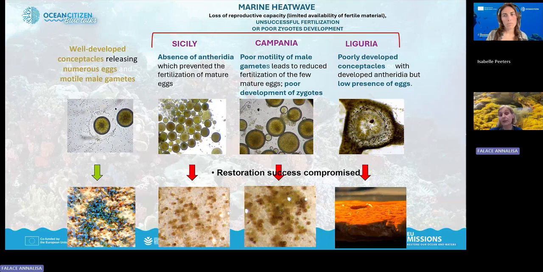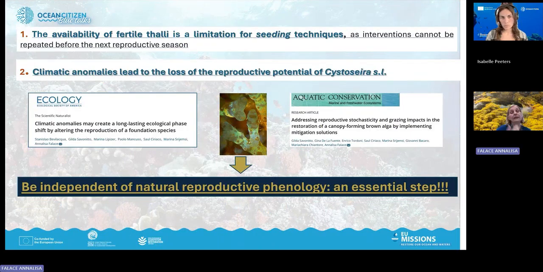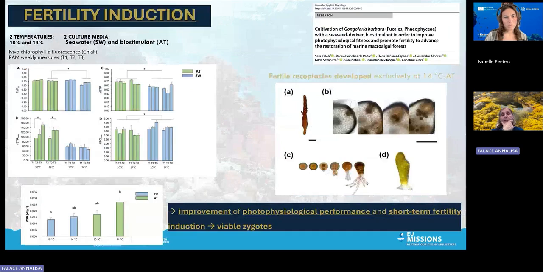This is a very big problem that we have in the project in Tenerife, because in the last 2 years we never found a sufficient number of fertile branches to start a collection for the restoration of these species. So the availability of fertile thalli is for sure a limitation for the seeding technique, and for this reason we have started several projects to try to induce fertilization in the laboratory.